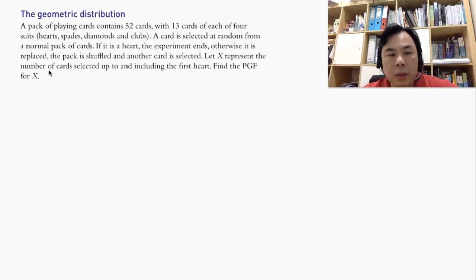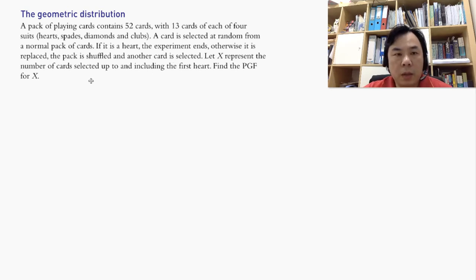Otherwise, it is replaced, the pack is shuffled again, and another card is selected. All right. Now, let X represent the number of cards selected up to and including the first heart. So we need to find the probability generating function that represents the discrete random variable X here.